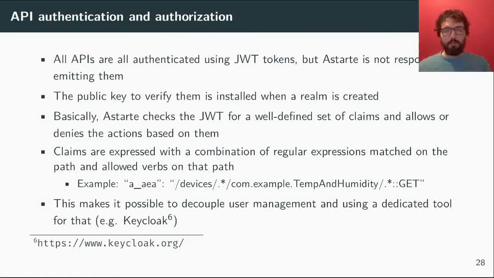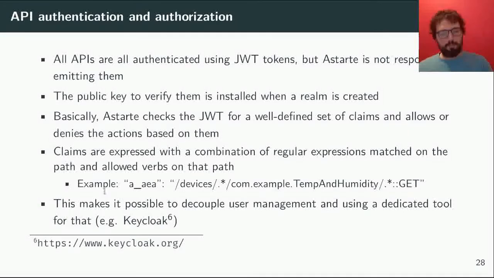When a realm is created, you install the public key of that realm, and when you perform requests on that realm, the public key is used to verify if the JSON Web Token is valid. Inside the JSON Web Token, the authorization is expressed using a combination of regular expressions matched on the path and allowed verbs on that path.